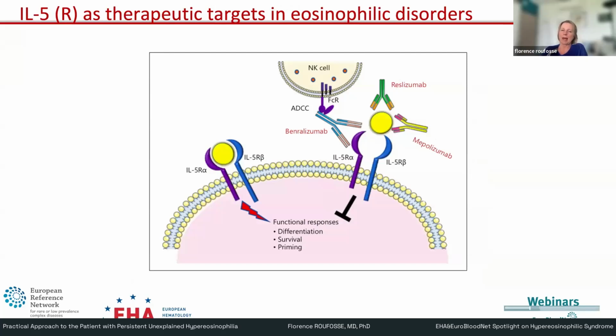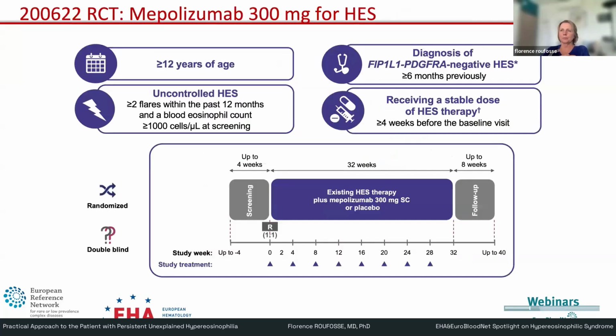Reslizumab and mepolizumab act by starving eosinophils for IL-5, and so they're deprived of this critical cytokine for their life cycle, whereas benralizumab acts by actually destroying eosinophils by ADCC. So once benralizumab has attached to the receptor, which is expressed on the surface of eosinophils, it's going to attract killer cells, which are going to kill the eosinophils and deplete them in a very, very drastic way, both in the blood and in tissue.